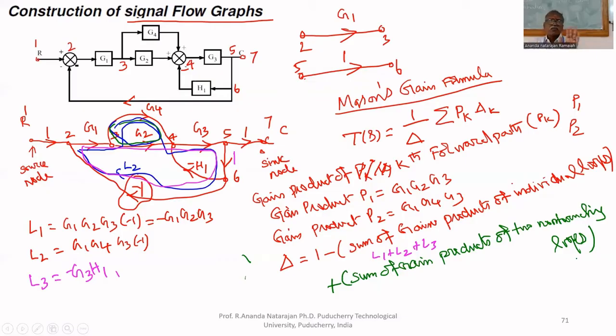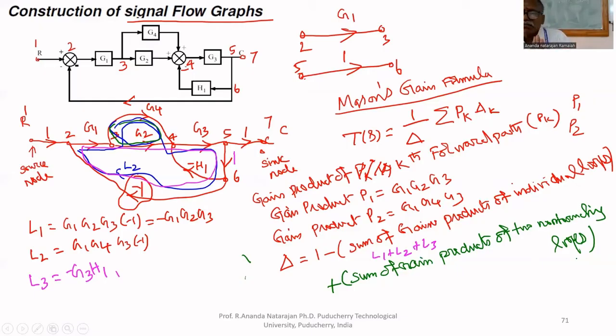If you group this as 2 loops, L1, L2; L2, L3; and L1, L3. Only 3 possible combinations. If you check L1 and L2, they are touching each other. They are touching loops, not non-touching loops.